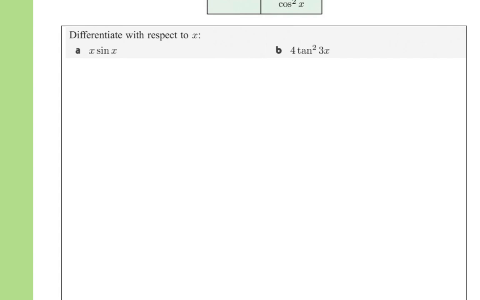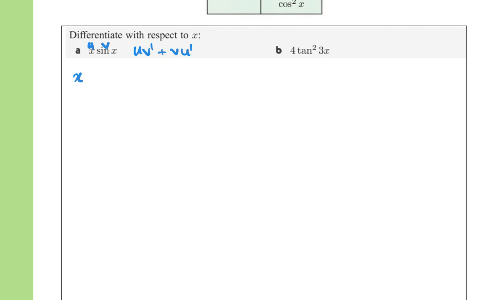Okay, so let's do this first question. x sine x. Straight away we can see we've got a product rule. We've got a function multiplied by another function. So u is our x and v is our sine x. u v dash plus v u dash. So u, x, times v dash.